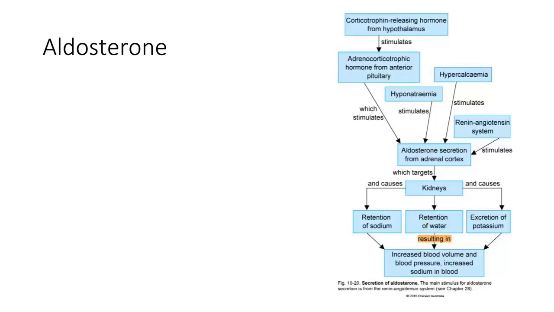One of those we've talked about quite a bit as part of the cardiac topic is the renin-angiotensin system. Whenever blood pressure starts to fall, the kidneys will release renin. That will cause angiotensin to go from angiotensin 1 to angiotensin 2. And angiotensin 2 does two things.